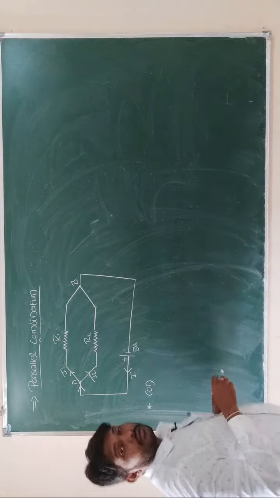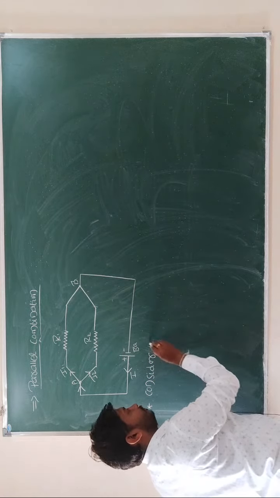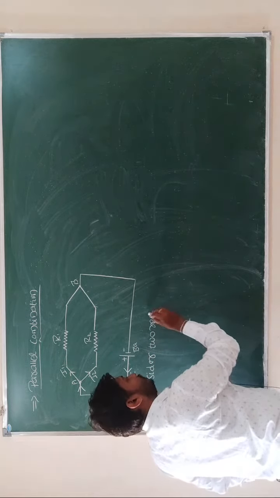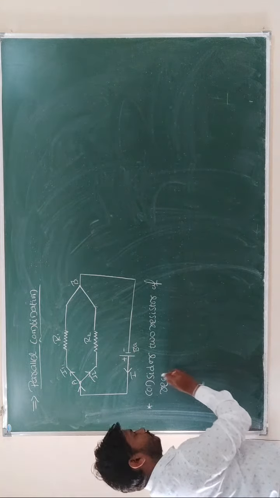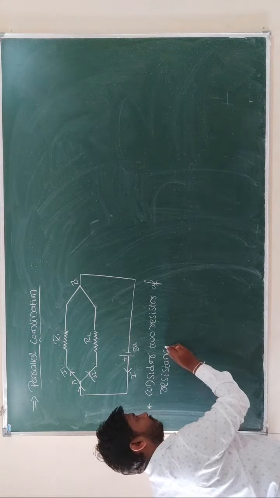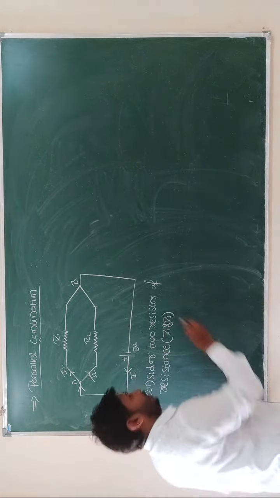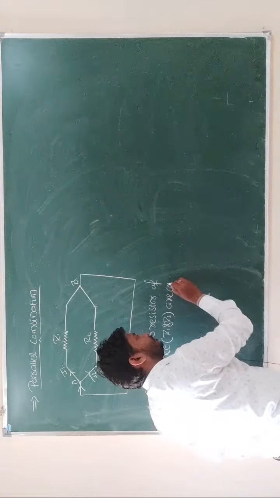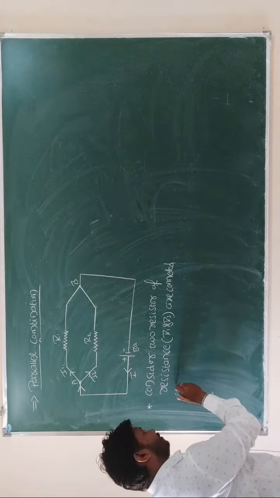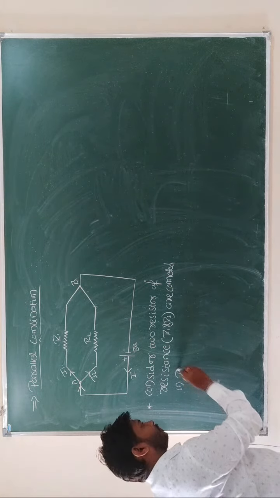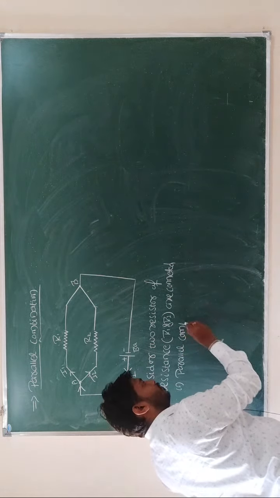Now, how to find the effective resistance in parallel combination? Consider two resistors of resistance R1 and R2 connected in parallel combination.